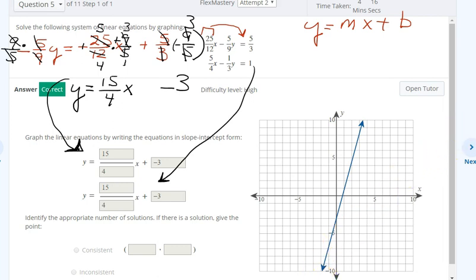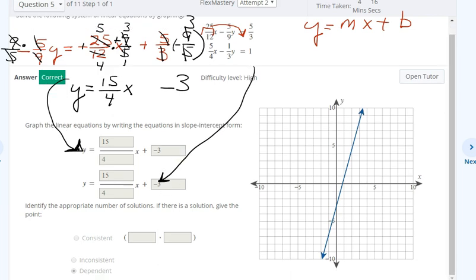But the key is, what do you select? And I'm going to go all the way down. And here you're going to select dependent. Here, if you did this through another method, substitution or elimination, it would end up being, let's see if I get my pen working.